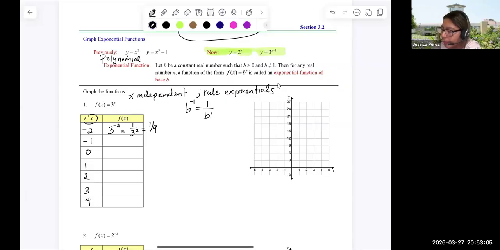Here, the base is equal to 3 and the exponent is x. So then I have 3 to the -1, or 1 over 3.